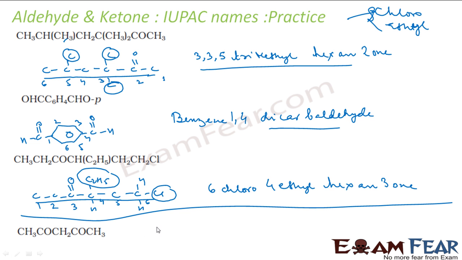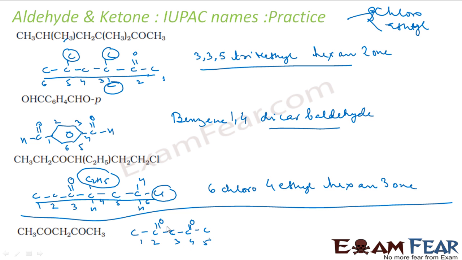Let's check this one. Let's draw the structure first. Yeah, this is the structure. Now the numbering I can do this way 1, 2, 3, 4, 5. At 2 and 4 I am getting the ketones. The compound is symmetrical, so we can number in any way. Doesn't matter. There is no substituent in this case.